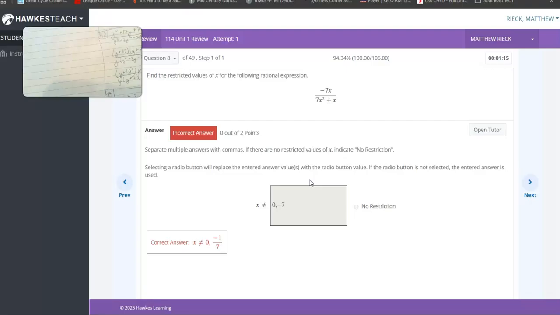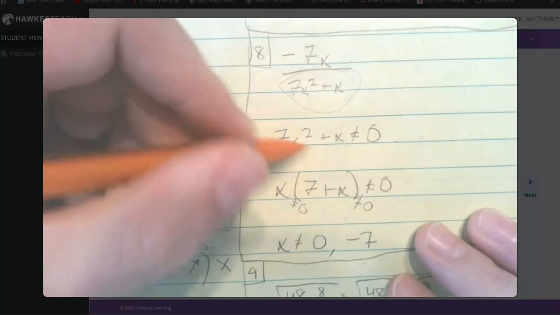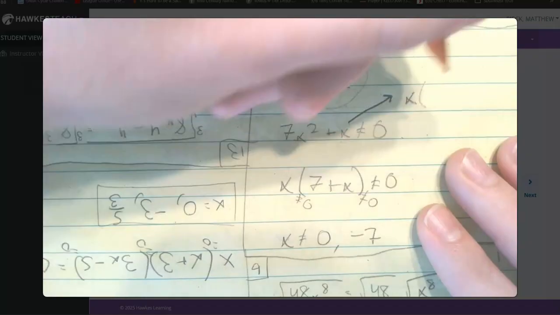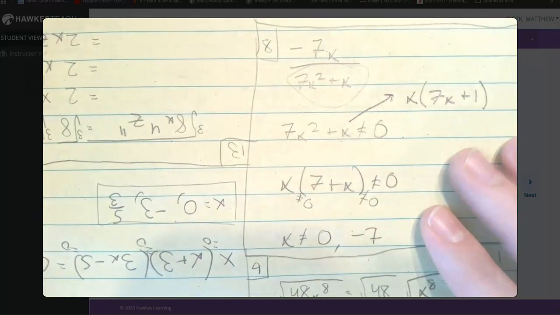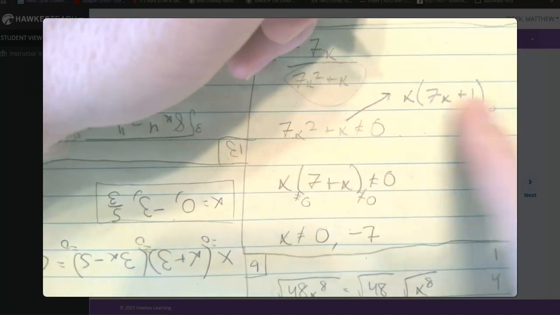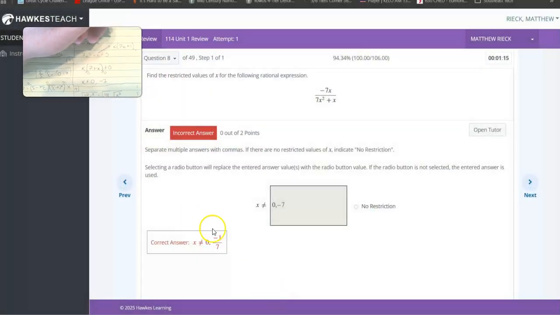Oh, I just factored that wrong. So when I factored this back here, we have 7x squared plus x. We can factor out an x, but then we're going to have 7x plus 1. So when we set this equal to 0, we'd subtract 1, divide by 7, so we would get negative 1/7 there.